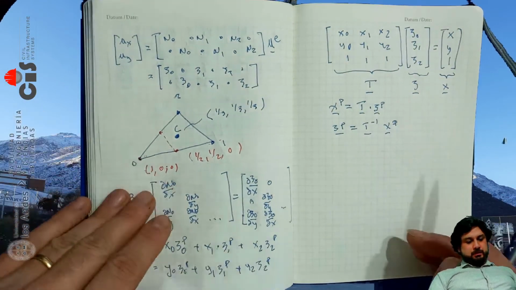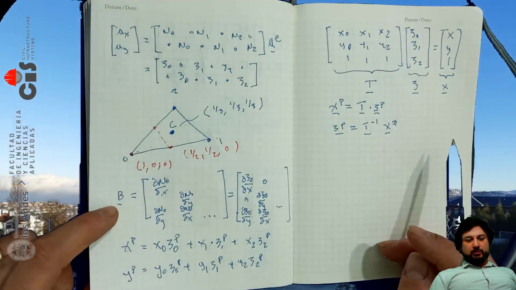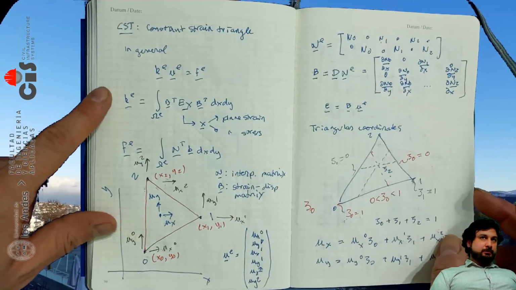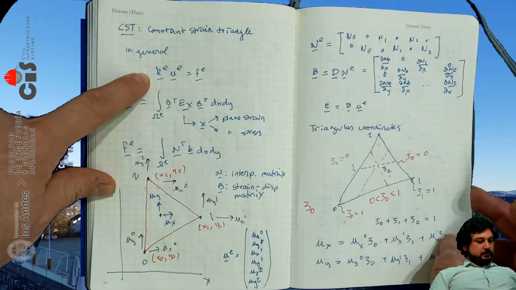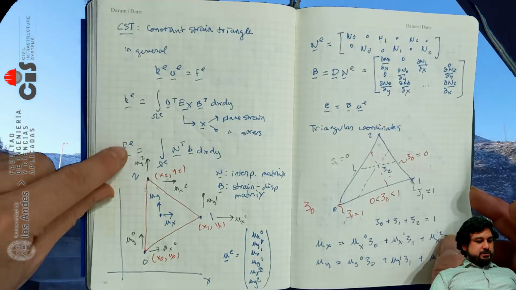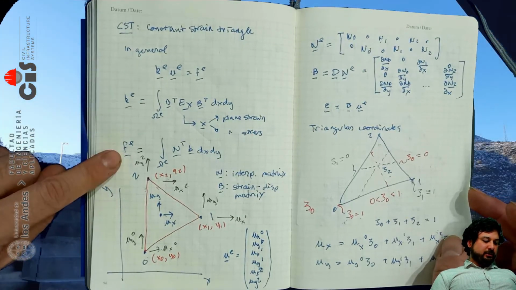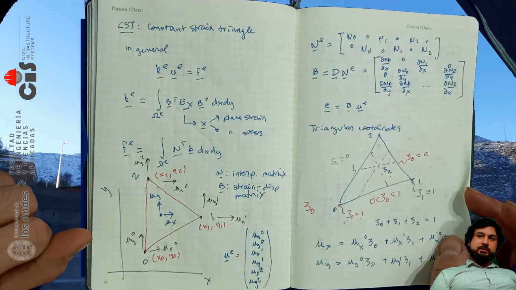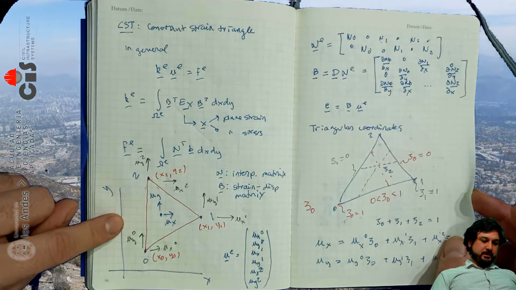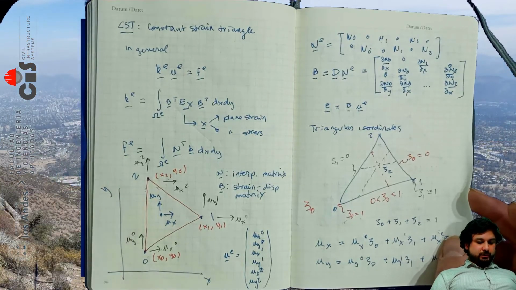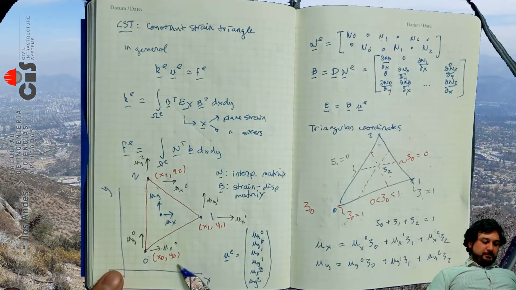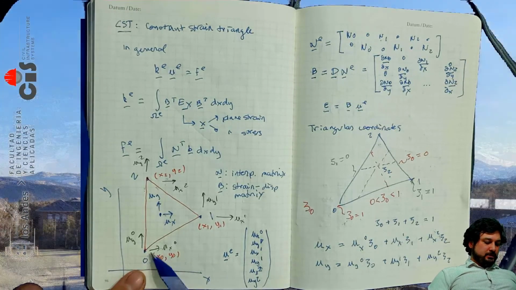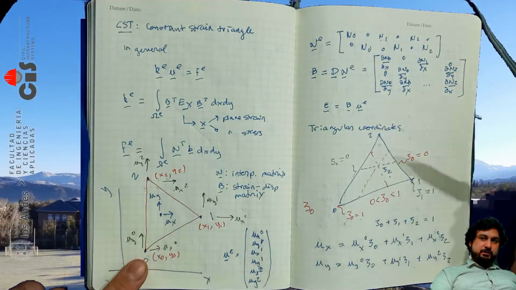Okay, so a little recap, because we've already been 20 minutes or so into this video. What are we doing? We're trying to derive the stiffness matrix and the equivalent force vector for a constant strain triangle in the case of 2D elasticity. In order to do that, we had to take a little bit of a trip. We defined the element nodal degrees of freedom, that is, the displacement at the nodes of this triangle.